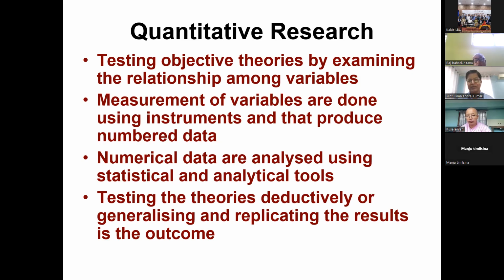In our anthropological or population studies, related with the humanities and social sciences, there are some theories related with the testing of things. So here the theories are tested deductively, and the results are generalized and replicated.